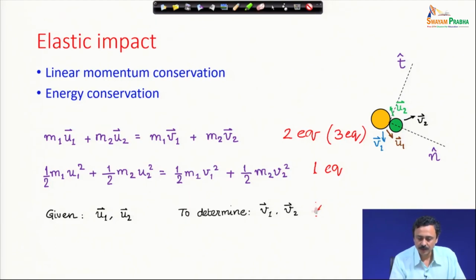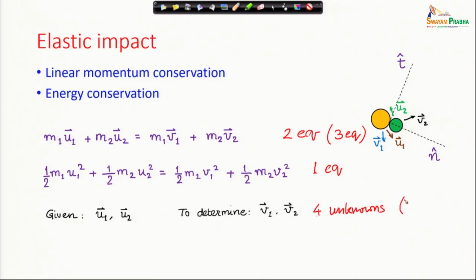If I assume that each velocity has only 2 components, then there are 4 unknowns. But if I consider the full 3 dimensional space, then there are 6 unknowns.